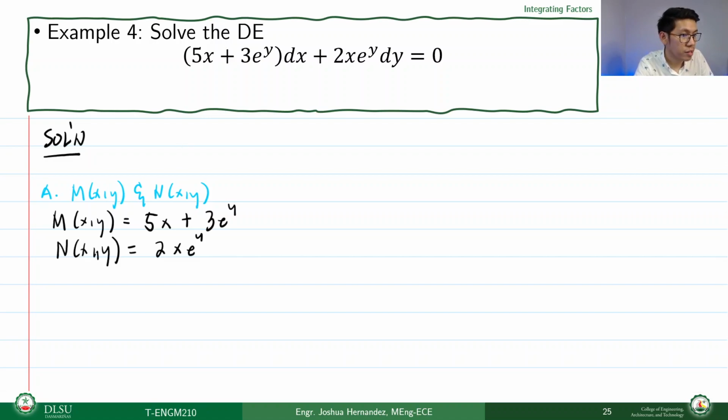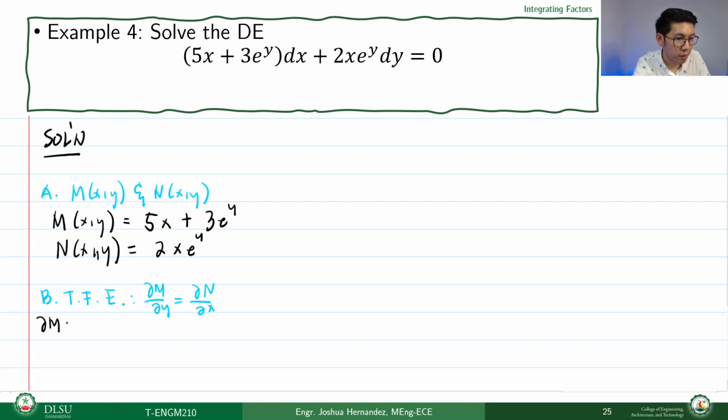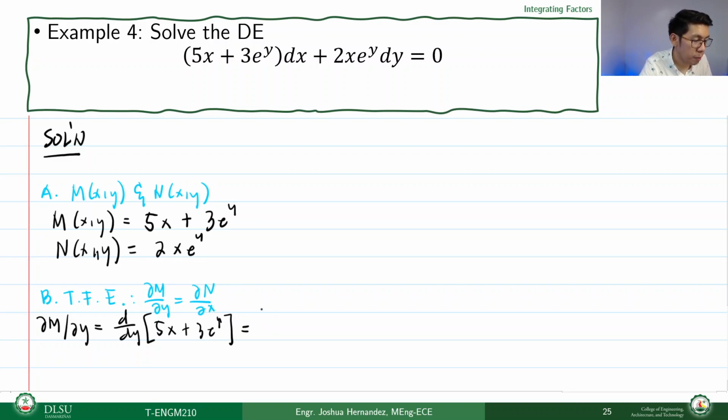Our next step, of course, is test for exactness. And that is by satisfying partial derivative of m with respect to y equals partial derivative of n with respect to x. Taking the partial derivative of m with respect to y is actually the derivative with respect to y of our function, which is 5x plus 3 e to the y. Since we're differentiating this with respect to y, we treat x as a constant.